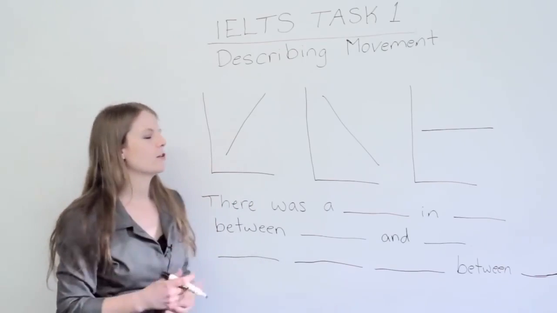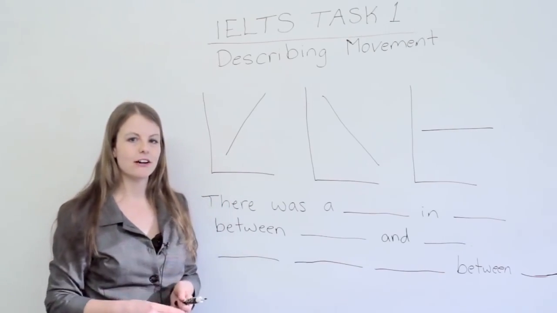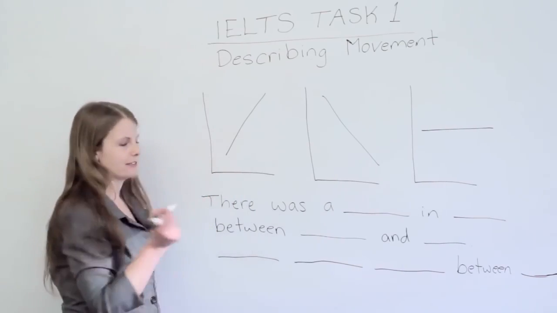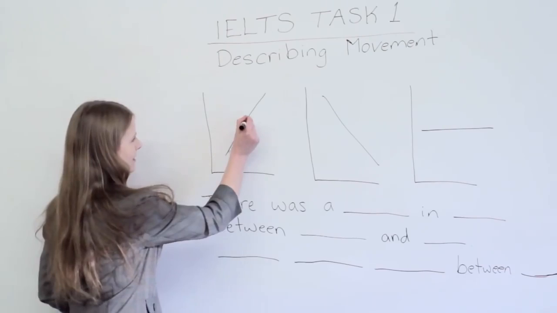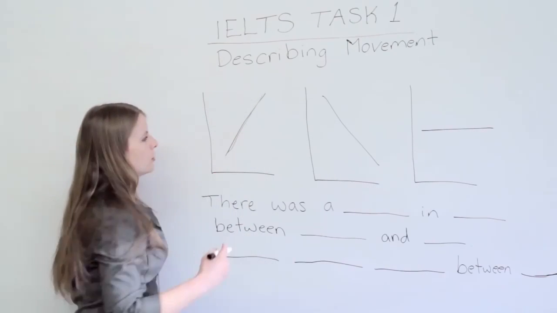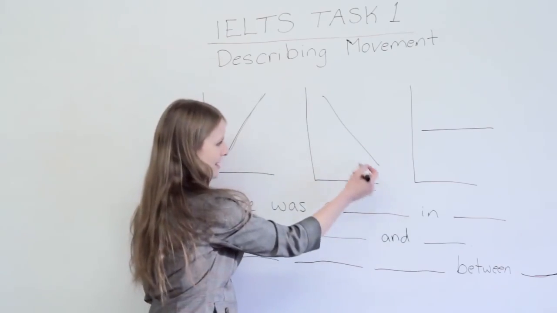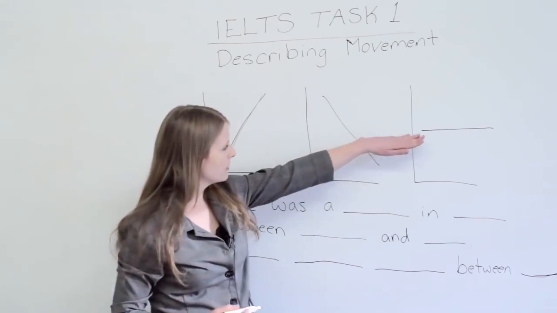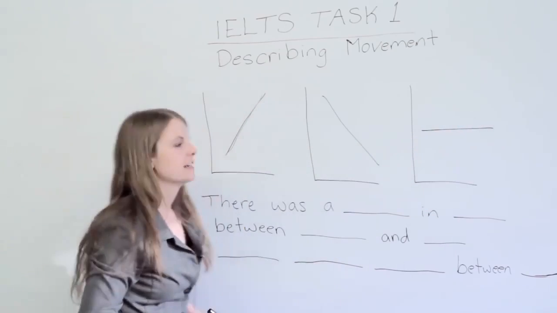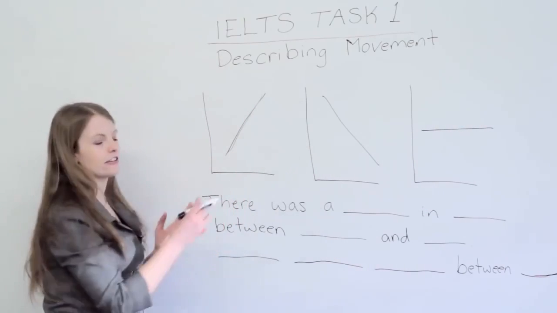So usually when we look at graphs, there are three different patterns, three different trends, we might see. We may see an upward trend where it goes up. We may see a downward trend, or we may see it remaining stable. So you may see multiple trends on a graph.